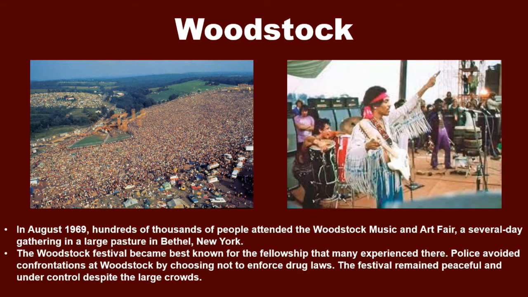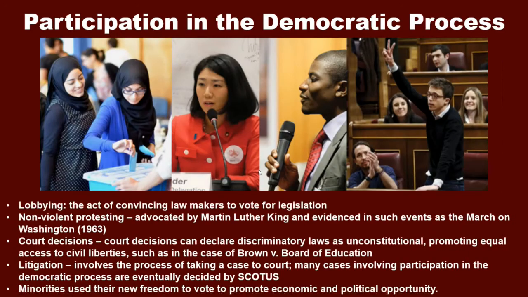They are going to choose to not enforce drug laws, and the festival is actually extremely peaceful despite its massive size. And over here we have Jimi Hendrix, who is going to play his legendary version of the Star Spangled Banner. And this is going to kind of end out the whole counterculture hippie movement.